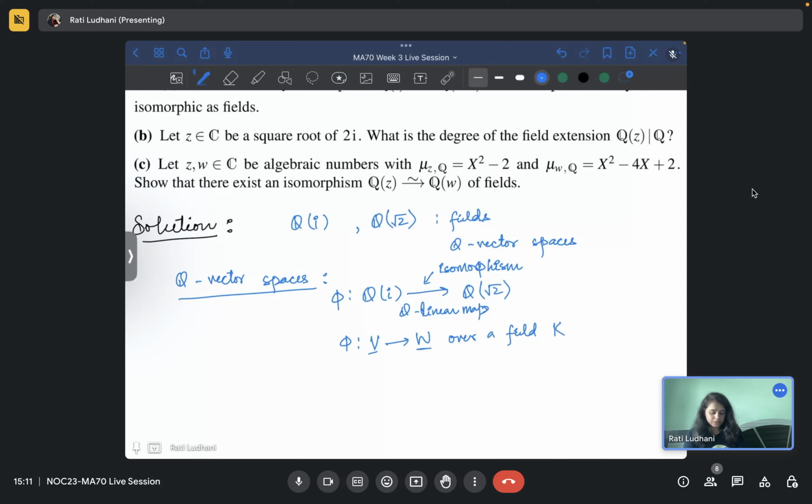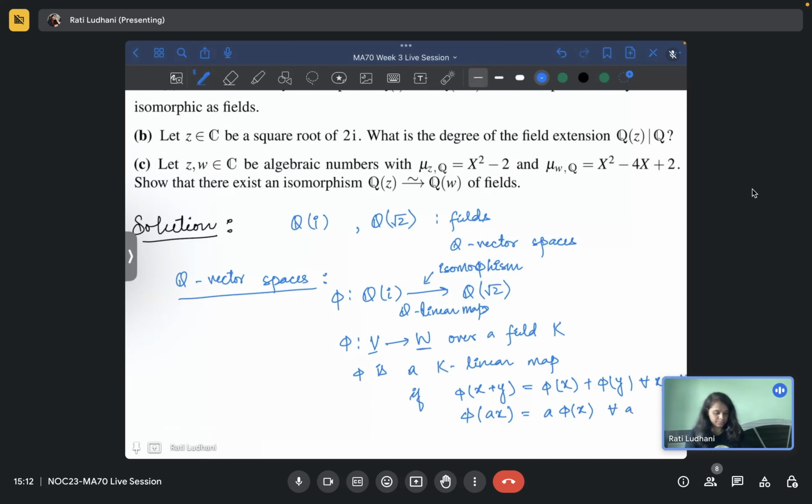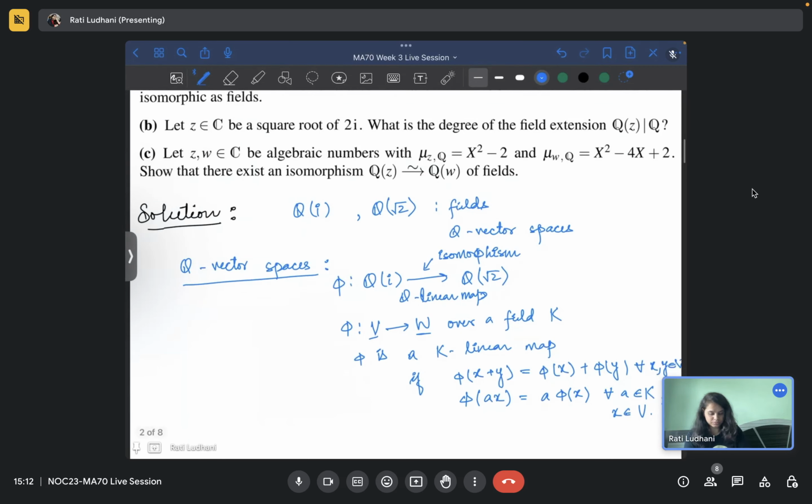Then phi is a K linear map if phi of x plus y is equal to phi of x plus phi of y for all x, y belonging to V, and phi of ax is equal to a phi of x for all a belonging to K and x belonging to V. So these are the definitions to begin with.